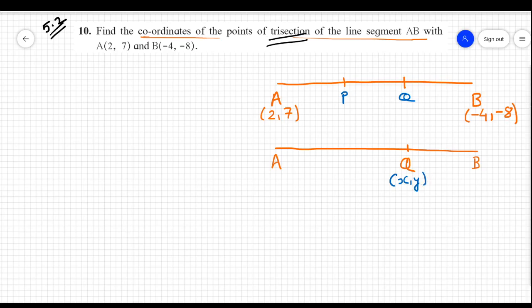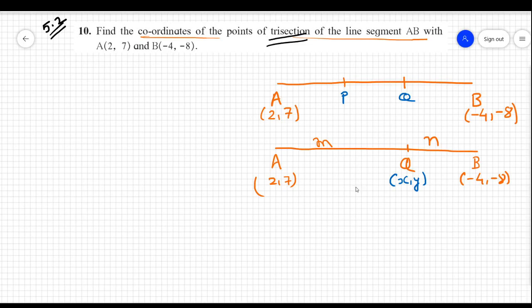To find Q, I will use the section formula. If I use the section formula, I need to find m and n, m is to n. Do I know that? No, I don't know that here.